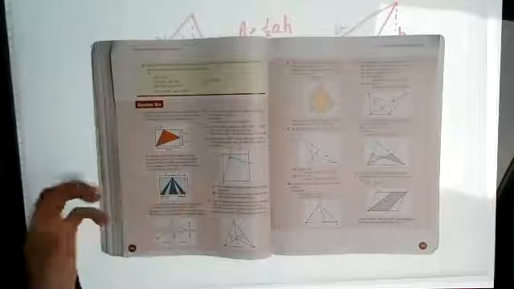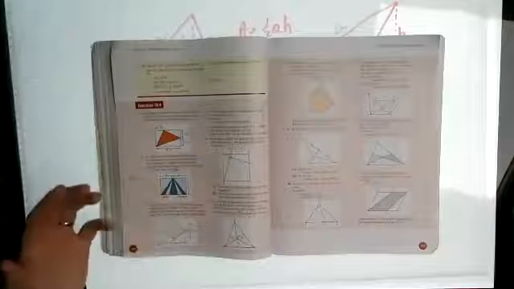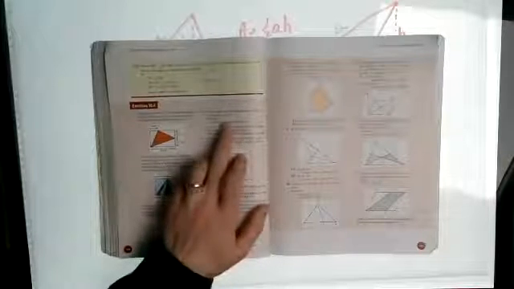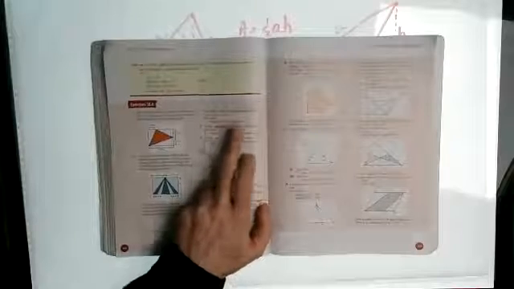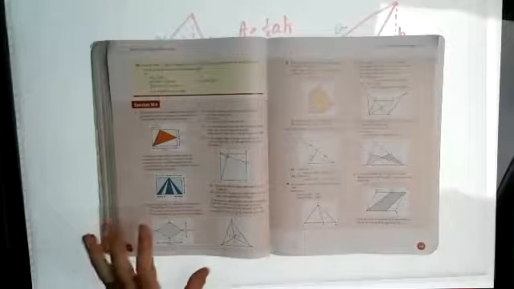The perpendicular height of each triangle gives us the shaded region.